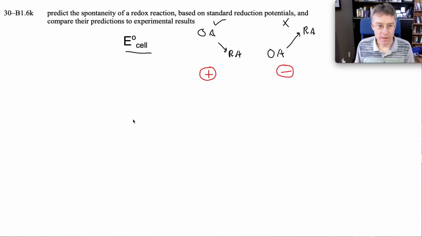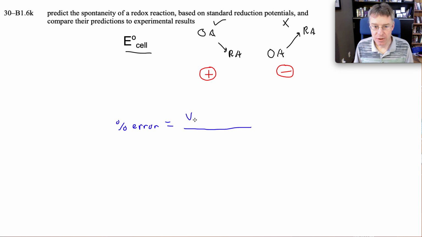Now, you hopefully have calculated percent error in a lab. There's a few variations of this. You're going to get a similar answer no matter how your teacher presents it, but you're going to be comparing your experimental voltage or E0 cell that you measure in the lab.